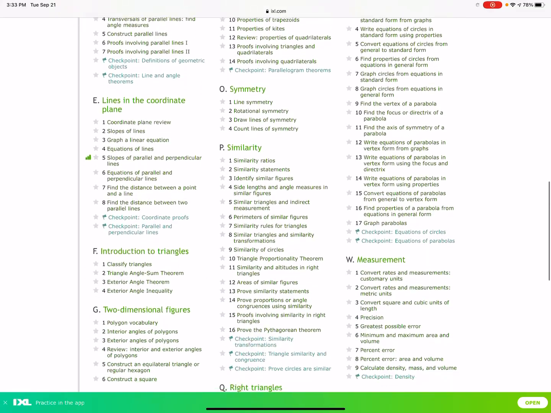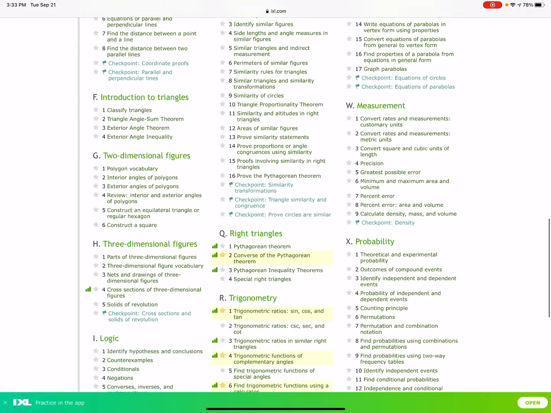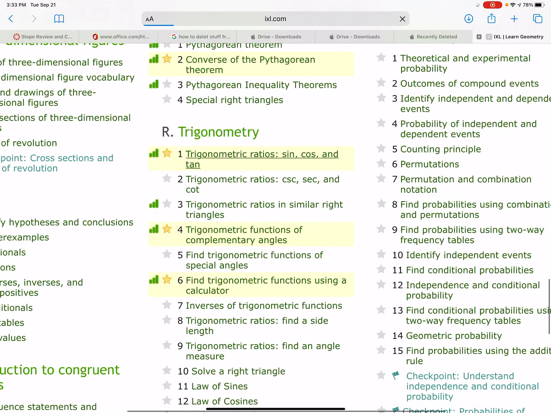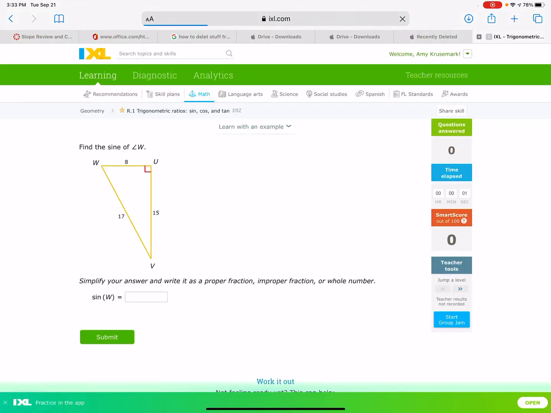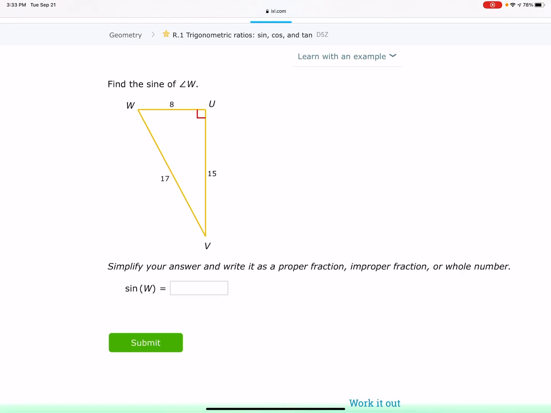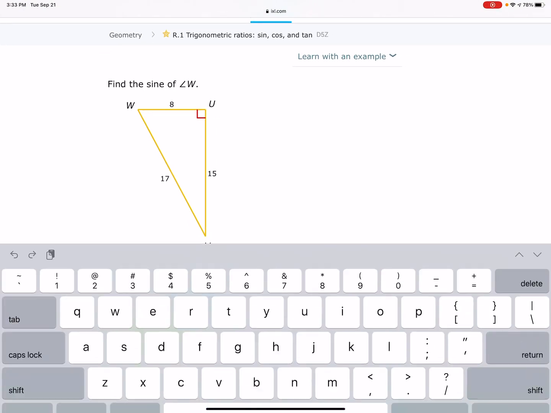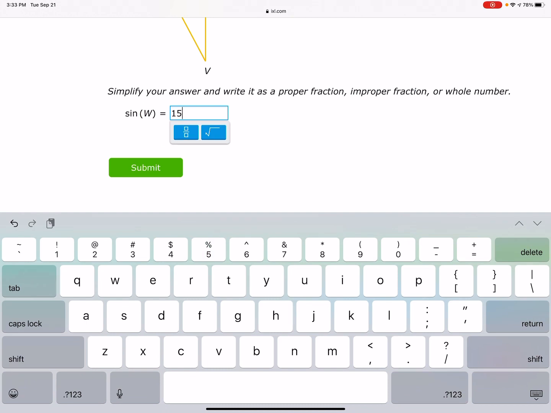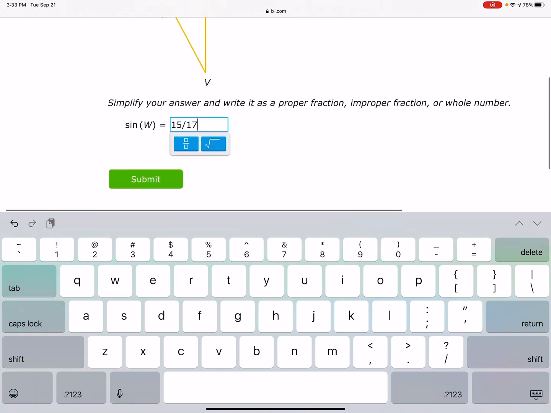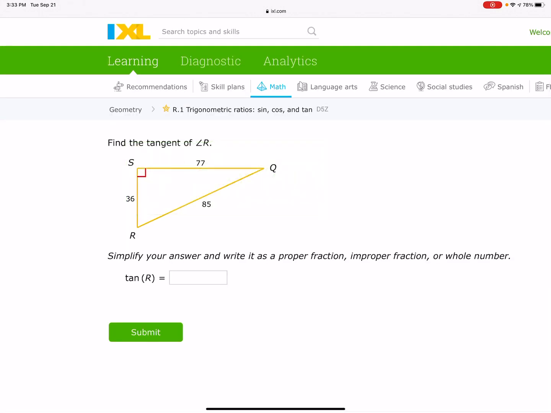Let's look at these other couple of assignments. Okay, so it says trig function: sine, cosine, and tangent. Okay, so sine is opposite. So if I go to W and I go to opposite, I get 15. And then hypotenuse is 17. There we go.